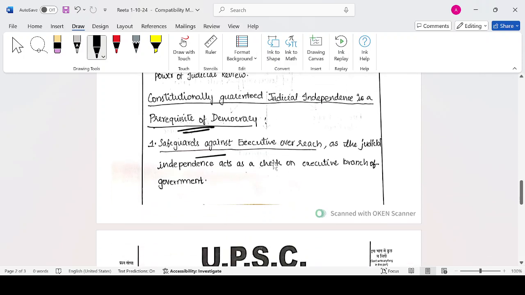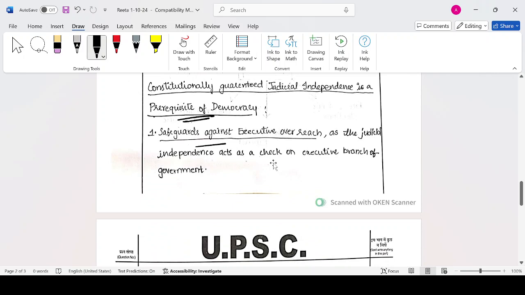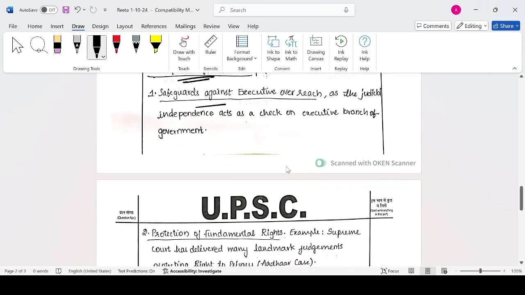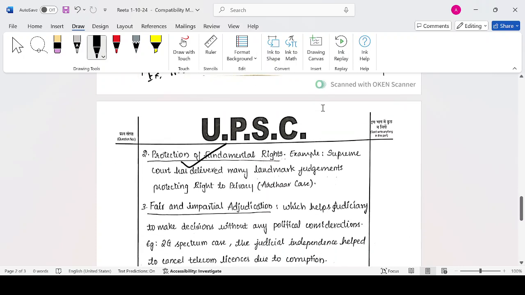And then she comes again to why judicial independence is required. She gives an elaborate explanation, saying that it safeguards against executive overreach. Here she can mention the Maneka Gandhi case, protection of fundamental rights, right to privacy, and the Kesavananda Bharati case.